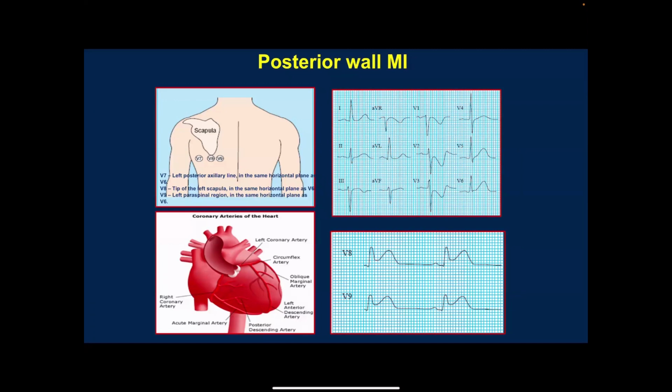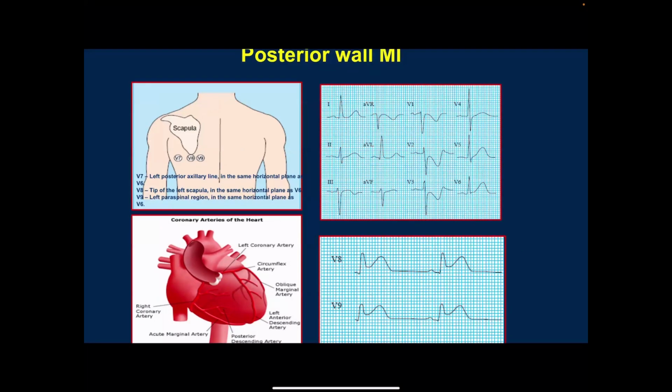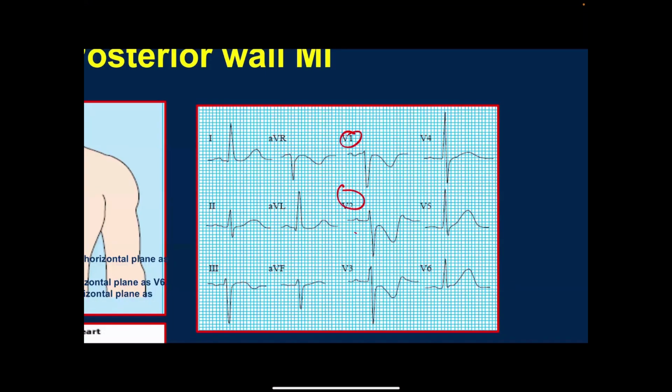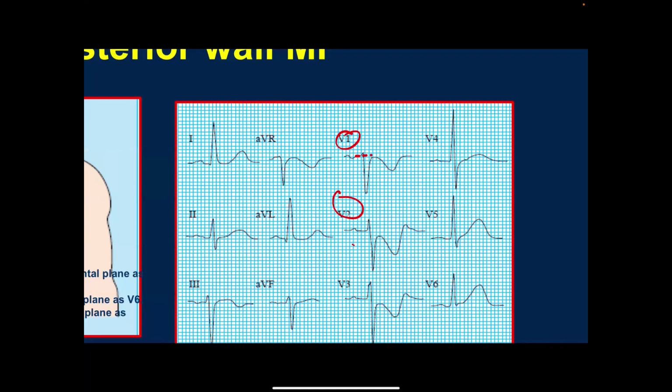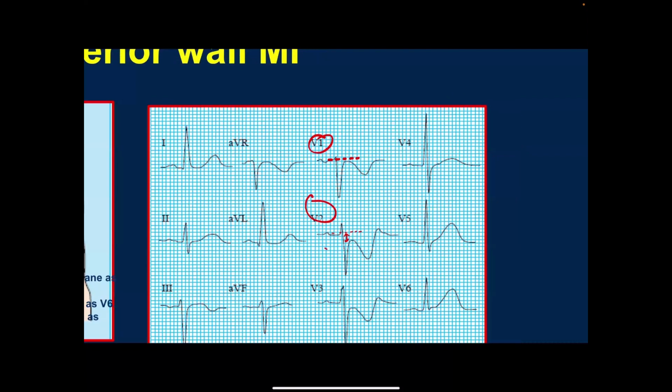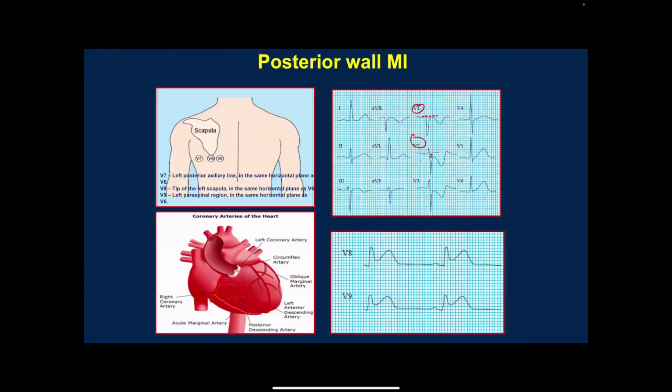Yes. Okay, so like here, for example, if you look at V1 and V2, this is the isoelectric line. If you can see, there's an ST depression. This made the physician, for example, suspect that there might be a posterior wall MI. So he added more leads.